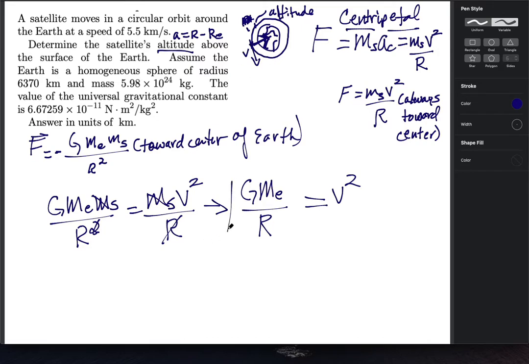So this thing right here is almost useful. In fact, what I typically do is I call this the orbital equation, v squared times r. So the universal gravitational constant, G, which is given in the problem, this tiny little number here, times the mass of the Earth, which is given in the problem in kilograms, that actually equals the speed of whatever it is orbiting, squared, times the orbital radius.